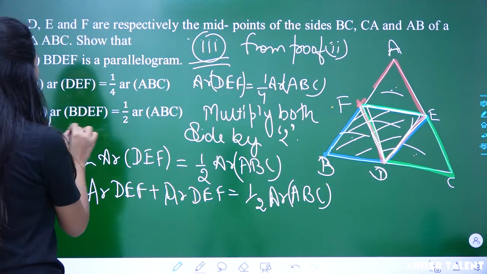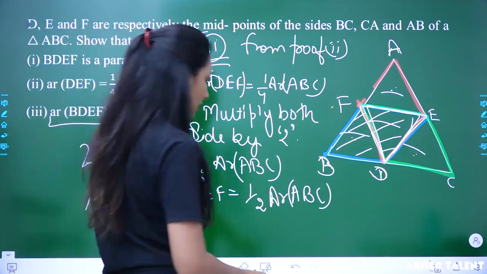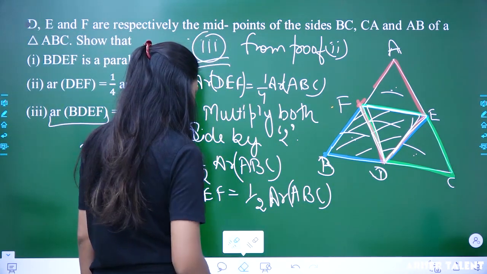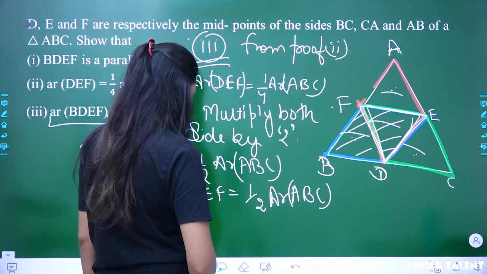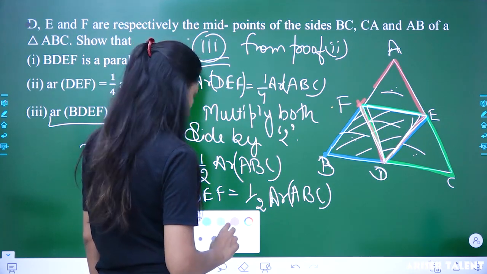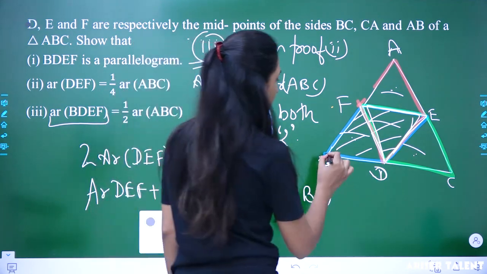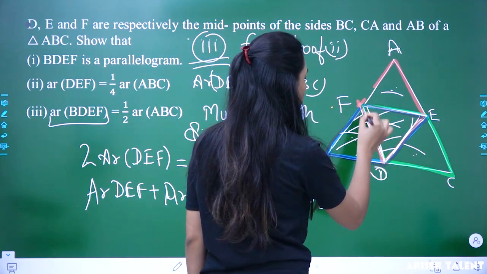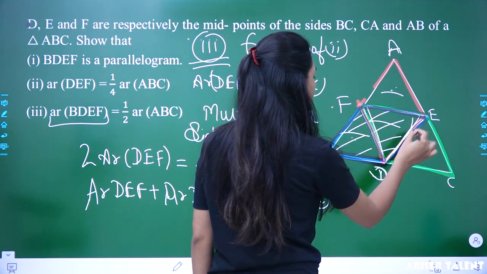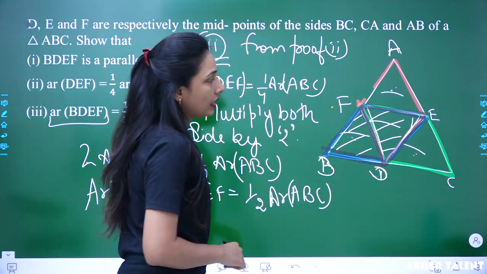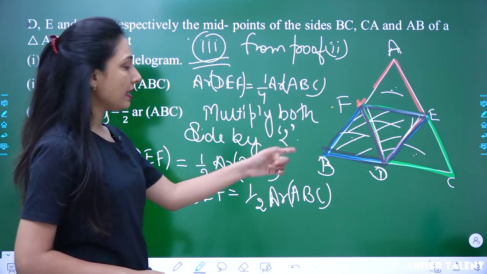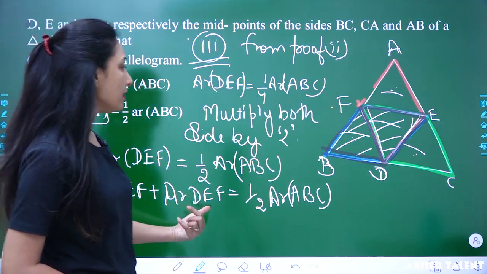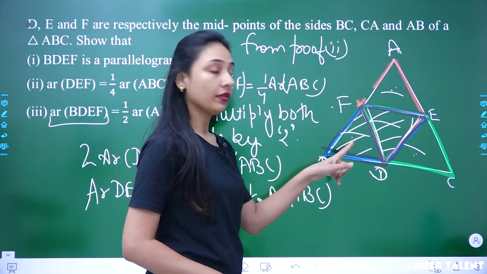Now we have to write the area BDEF. Now look at the area BDEF. This area is made up of these two triangles. The first is DEF, mentioned here, and second is BDF.